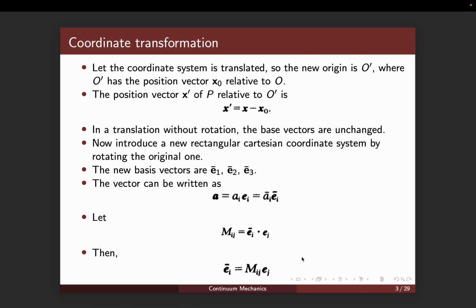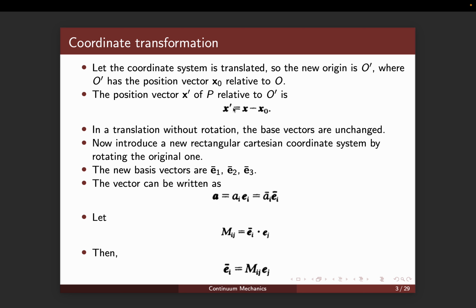Now let us discuss how components of a vector vary under translation of the coordinate system. We have a coordinate system with origin O and another coordinate system with origin O prime. The origin O prime is related to origin O by a position vector x naught.